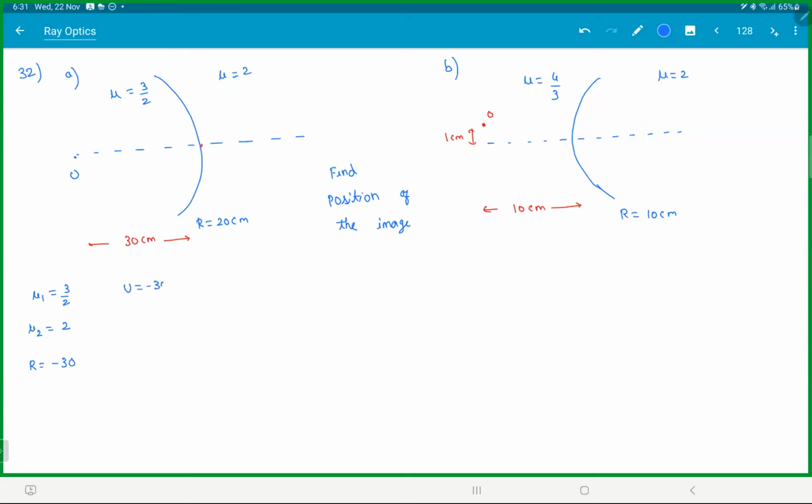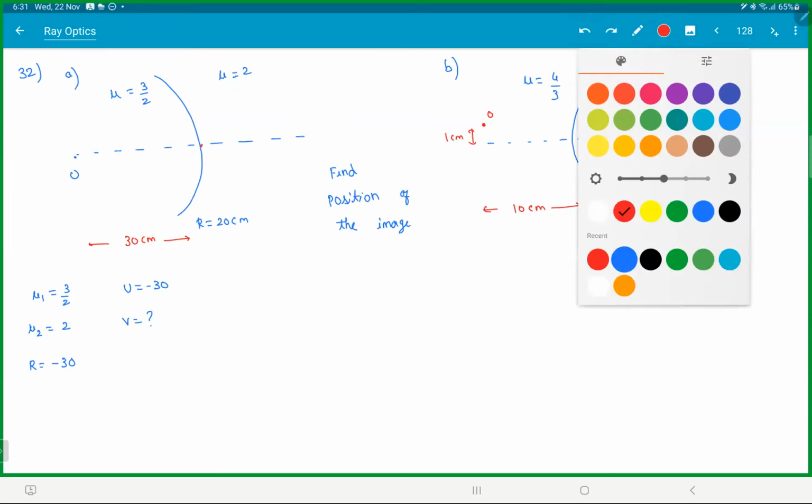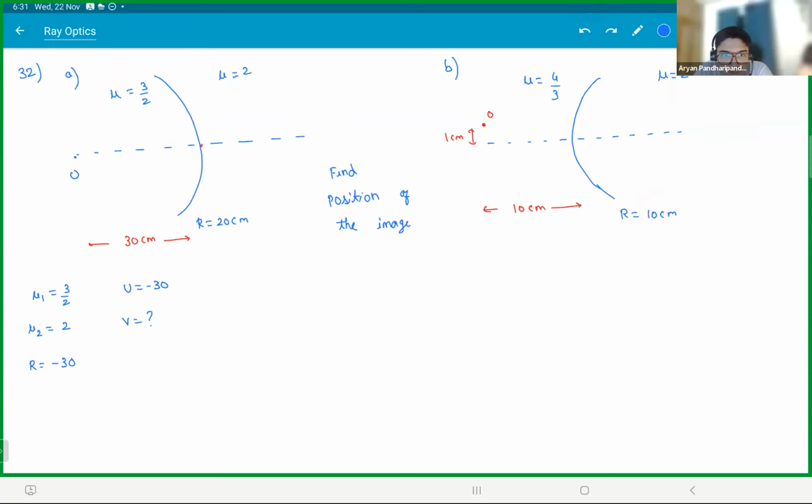U is minus 30. V, I don't know. Please check if you messed up any minus sign here, because see how the light rays are going. Light rays are going this way, so this is positive. How is the center? Center is on the left hand side, so radius of curvature is negative. Remember the sign convention for radius of curvature. You gave R as 20, right?